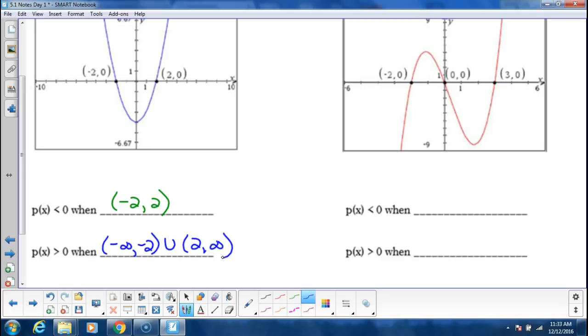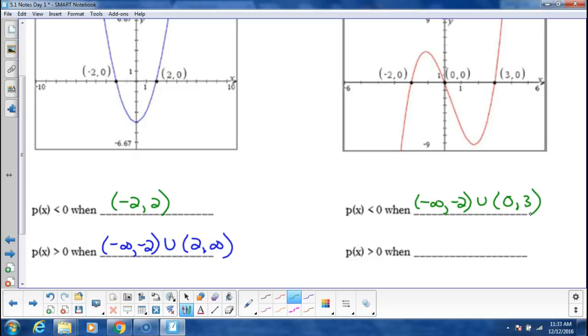On this one, P of x would be less than 0 from negative infinity to negative 2, unioned with 0 to 3. Again, I'm just looking at x values. These are not points. These are interval notation.